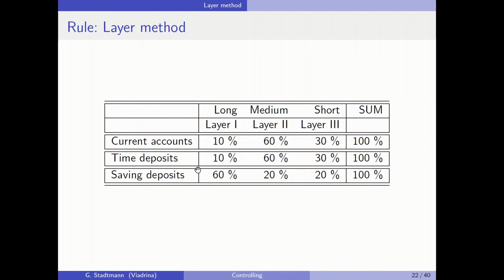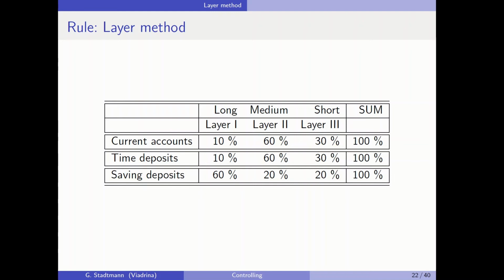Of course, at the beginning of the month, everybody gets the salary, like the private households, and hence over the month the private household is spending for rent, for food, for the car, and so on, so that at the end of the month the current account will be equal to zero, like all the liquidity will be gone.